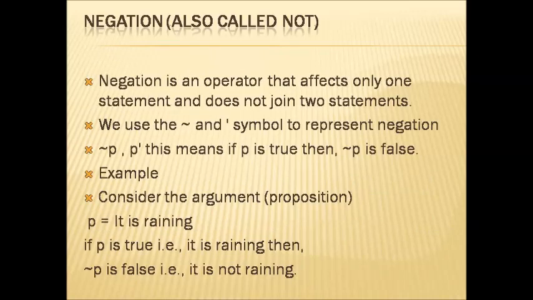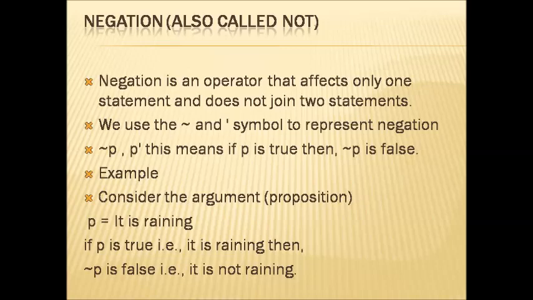The last one is the negation. It is also called the NOT operator. Actually, the negation is not a compound proposition, but it is used in both simple propositions as well as compound propositions, right? So we can see the different types of symbols we use to represent the negation.